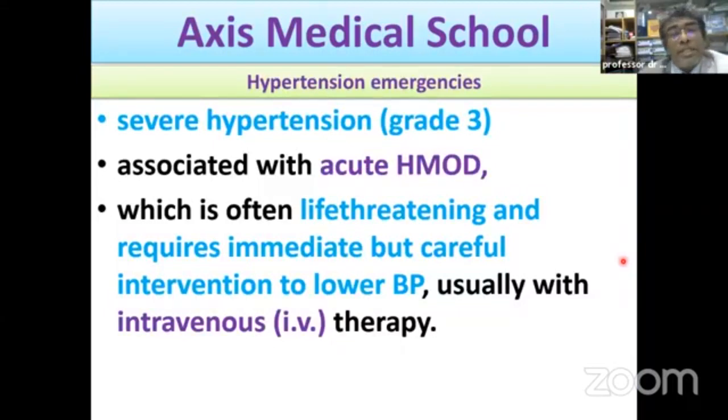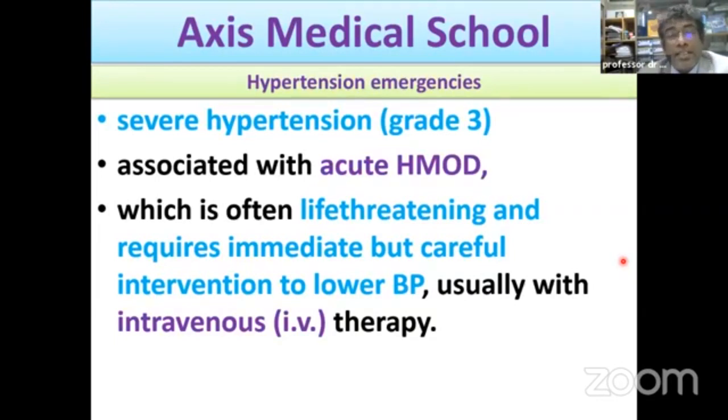So what is hypertensive emergency? A patient has severe hypertension, or grade 3 or stage 3 hypertension, and has associated acute target organ damage, hypertension mediated organ damage, which is often life-threatening and requires immediate but careful intervention to lower BP, usually with intravenous therapy. So what are the points of hypertensive emergency?